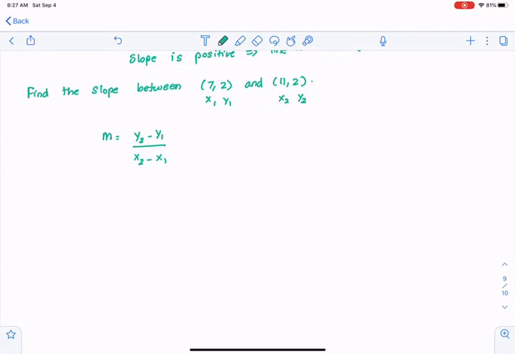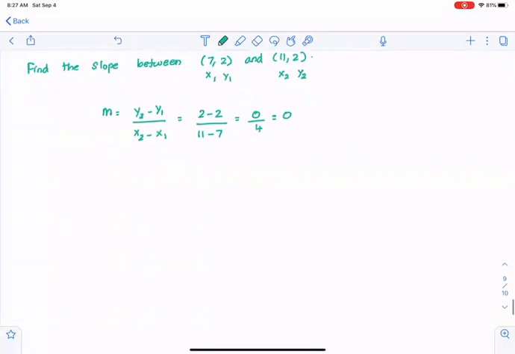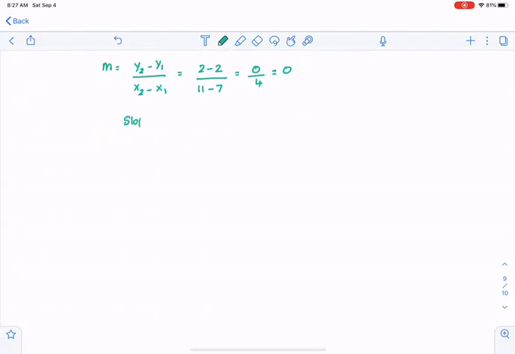So m is equal to y2 minus y1, so we have 2 minus 2 divided by x2 minus 7, so 0 divided by 4, which would give us 0. And note the slope here is 0. So the line is horizontal.